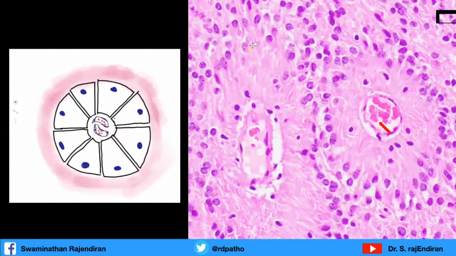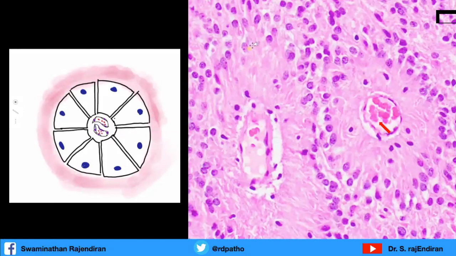Again, the definition of pseudorosette is the central space is occupied by non-neoplastic stromal element, namely blood vessels and collagenous stroma. And sometimes the blood vessels can be hyalinized and fibrotic. Why these rosettes are formed, we don't know the mechanism of formation of the rosettes.